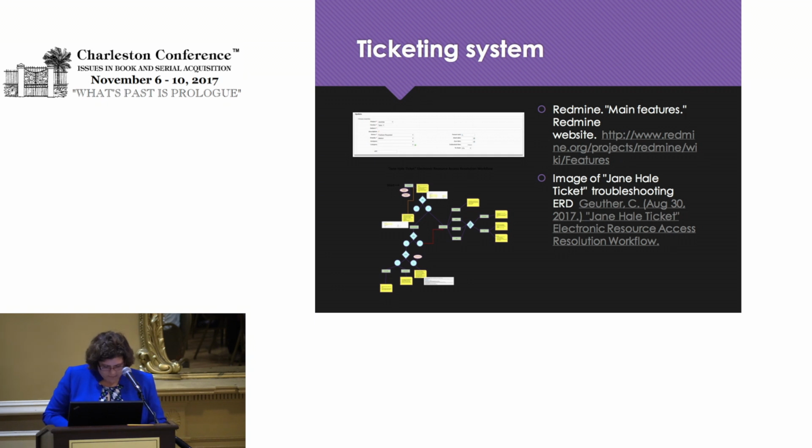We use Redmine, and we separate the tickets between personnel, so someone handling ebooks, someone handling license language, someone handling the metadata. What this has done is it's made the Jane Hale tickets, we're able to see not only access issues, but also we can encounter problem areas of patron use before it might instigate a breach.